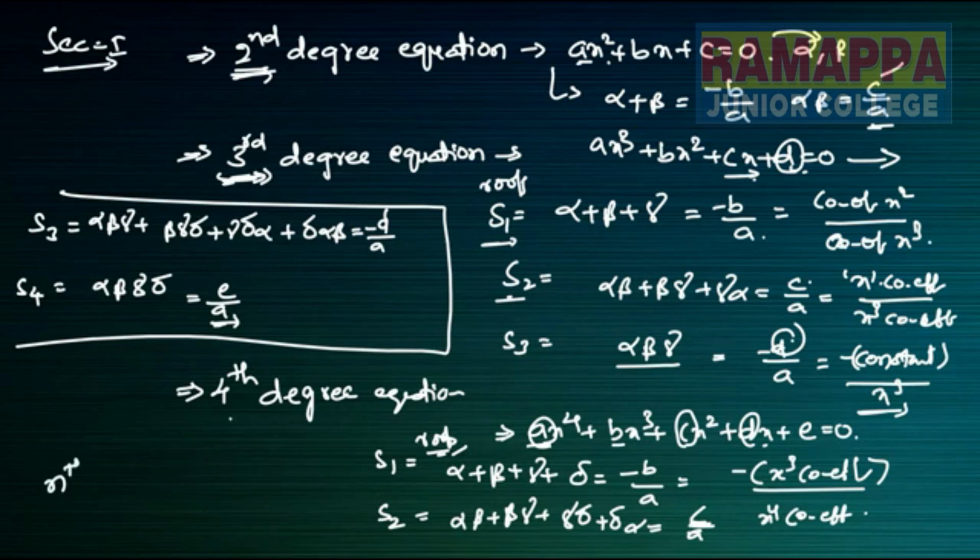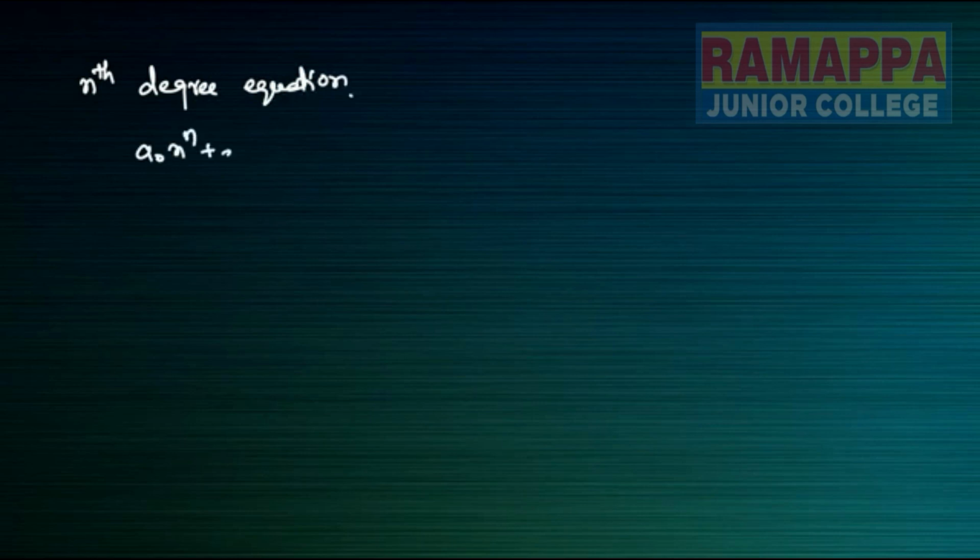There is also the nth degree. The nth degree means the number of terms like 5, 6, 7, like nth degree, and we will learn that formula. So the nth degree equation will become like this: a naught x to the power of n plus a1 x to the power of n minus 1 plus a2 x to the power of n minus 2, and so on, plus an.